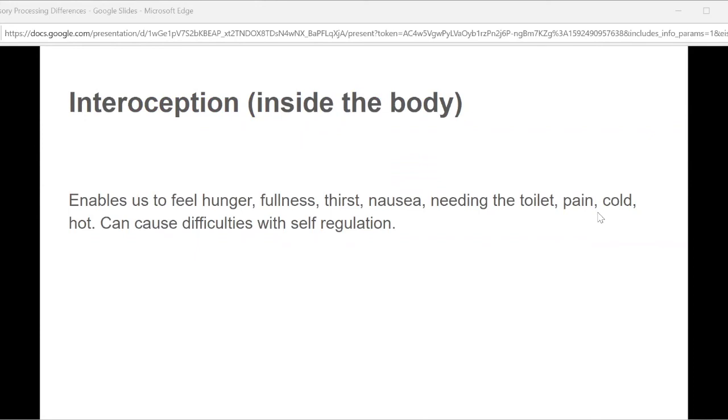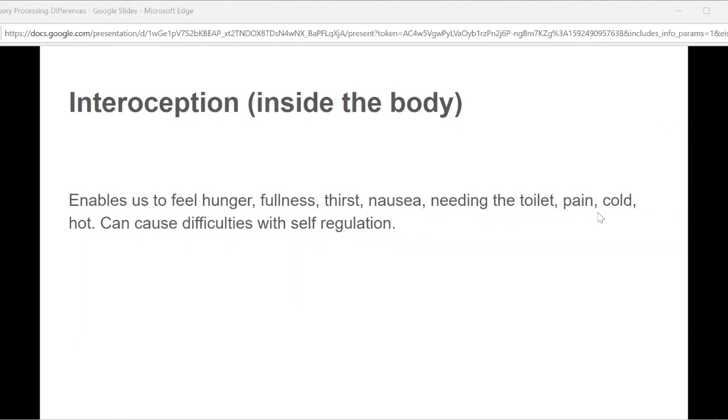And then that's the same with thirst. They may not drink, and you may have to keep nagging them to drink because they don't get that feeling of thirst. Nausea, or needing the toilet. You might have toilet accidents because they don't get that feeling that they need to go. So when it happens, it just happens. Pain, so this is linked to this sense as well.